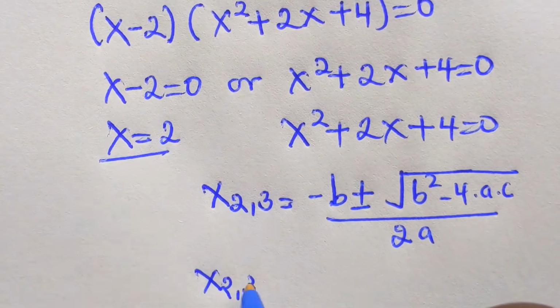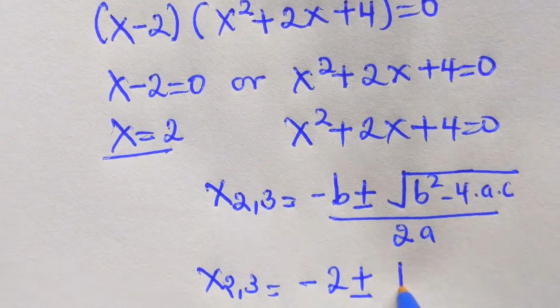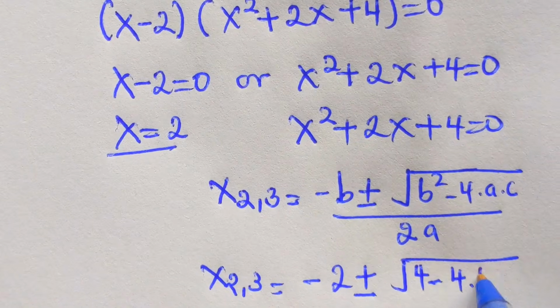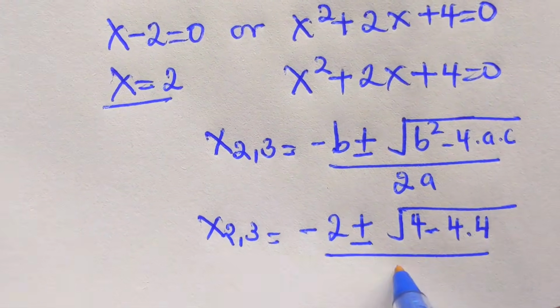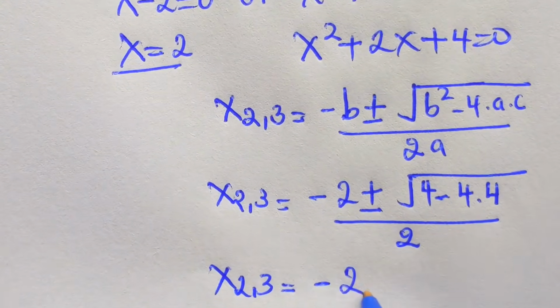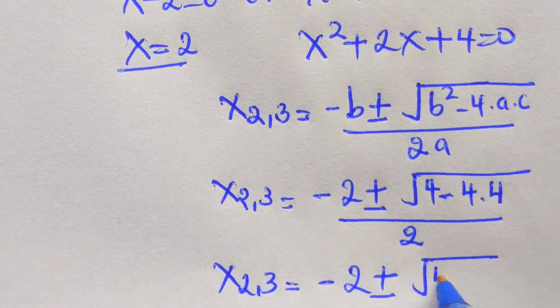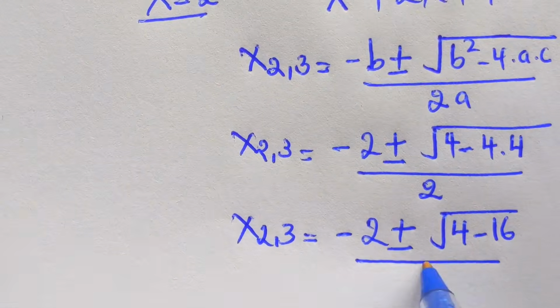For x2 and x3 we have negative 2 plus or minus the square root of 4 minus 4 times 4, over 2. And this is x2 and x3, which equals negative 2 plus or minus the square root of 4 minus 16, divided by 2.